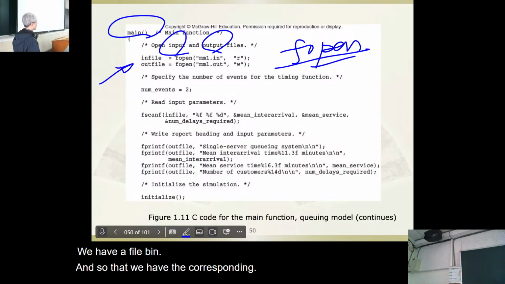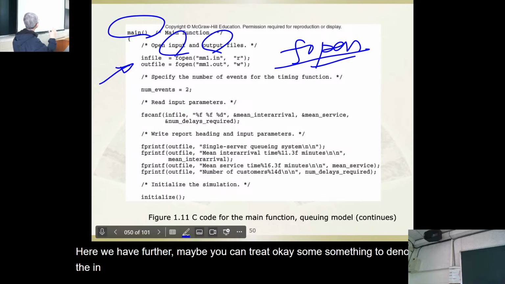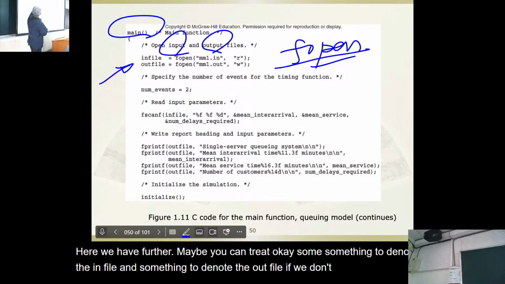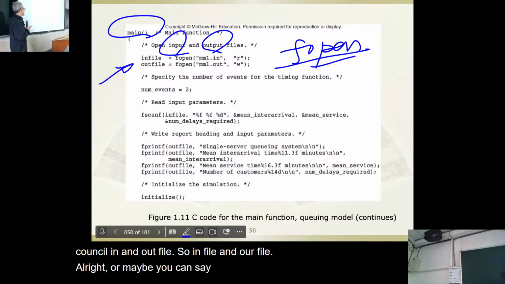Maybe you can treat, okay, something to denote the in file, and something to denote the out file if we don't have the specific details. So in file and out file. Or maybe you can think, okay, this one is serving as, for example, a file pointer or something else.